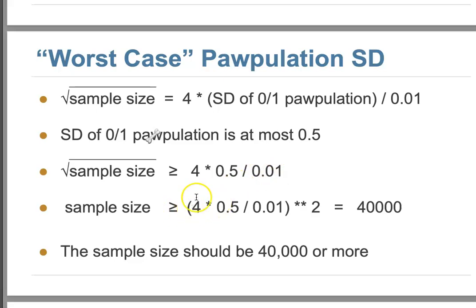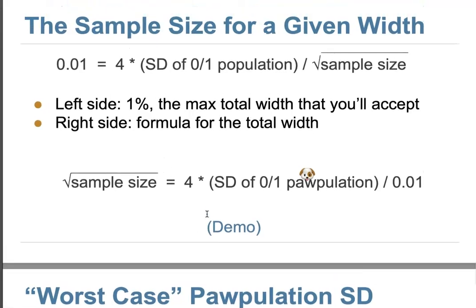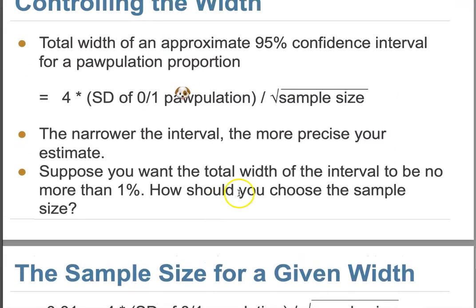Taking the square on both sides, the sample size is 40,000. So the sample size should be 40,000 or more, so that the total width of our 95% confidence interval is 1%.